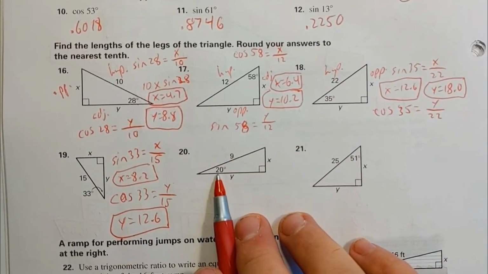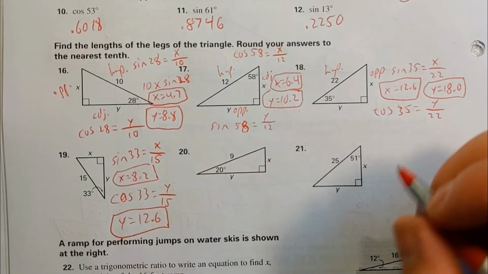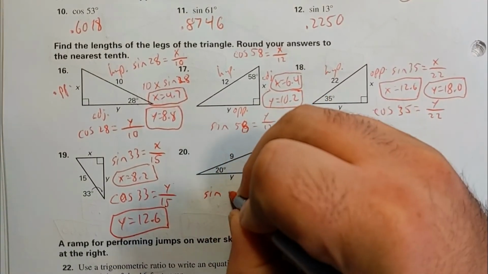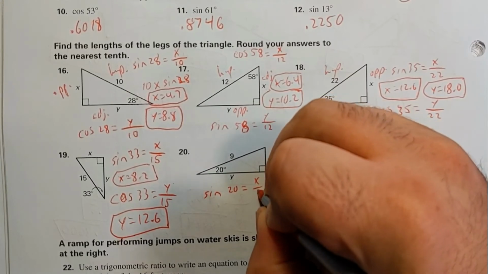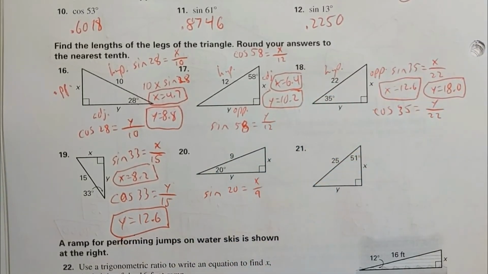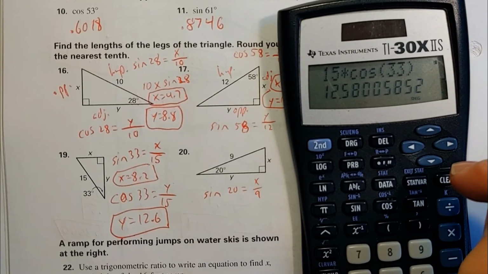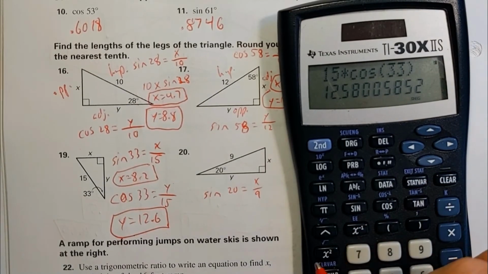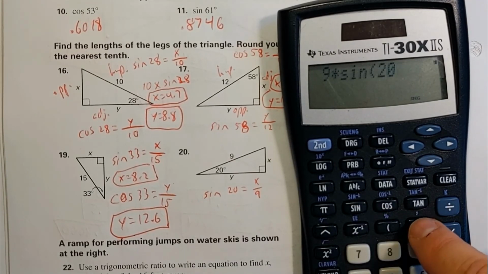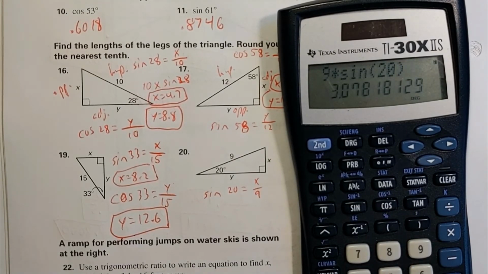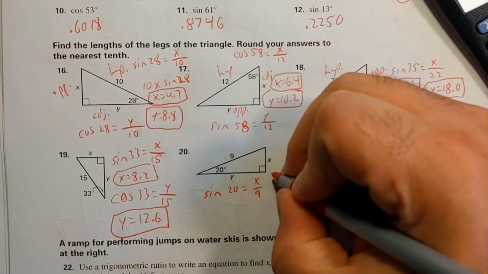Number 20, that's opposite, that's hypotenuse, that's sine. Angle goes next to it, opposite on top, hypotenuse on the bottom. We're following the same pattern. So it's going to be 9 times the sine of 20, and you get 3.1 for the x.